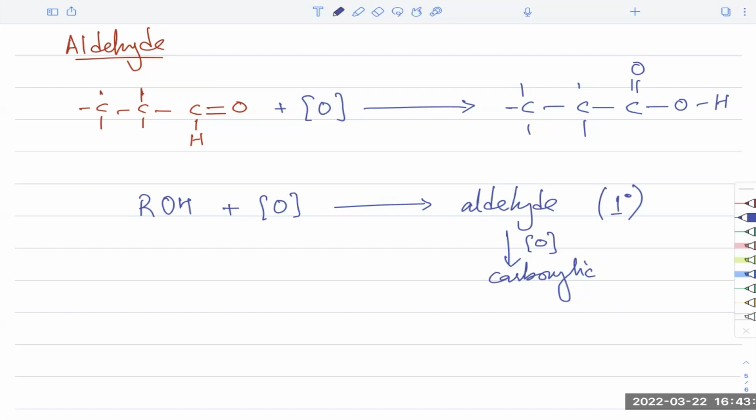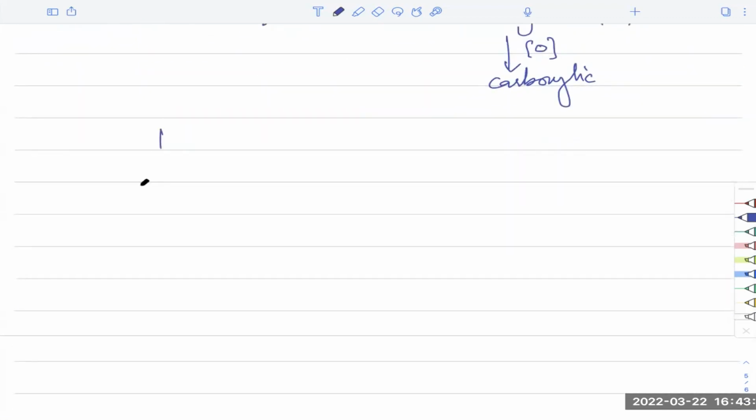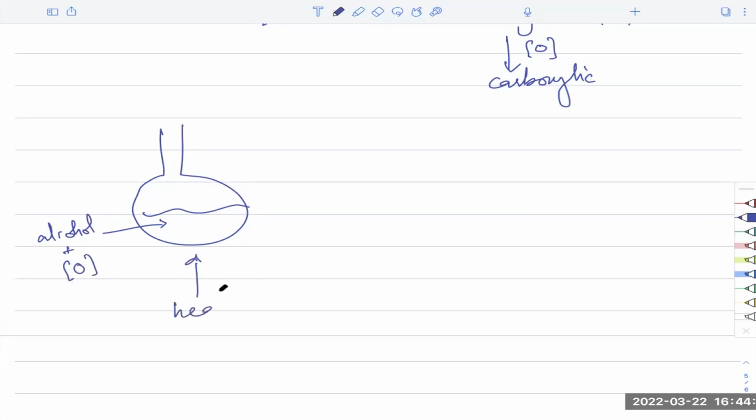In fact, if I let the process continue and I want to get the aldehyde out, I don't want aldehyde to react. I want aldehyde to be extracted as soon as it is made. So what will I do? I will take this thing in a boiling flask. So this is my alcohol plus oxidizing agent. I heat this thing.